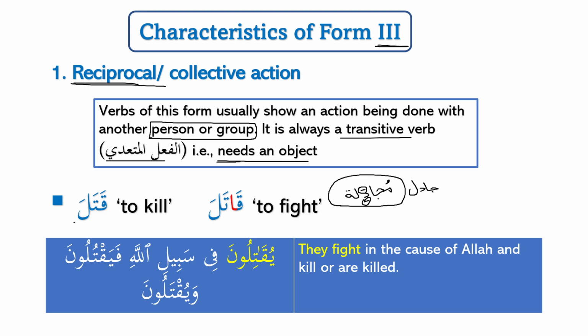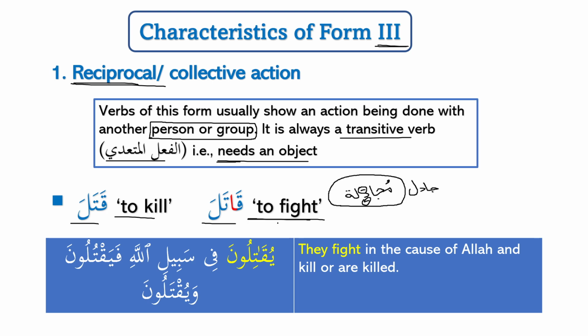Now, if we look at the base verb, the verb that has 3 root letters, it is qatala, which means to kill. But when we bring it into form number 3, it becomes qatala, which means to fight. Normally a fight is between 2 persons or 2 groups.